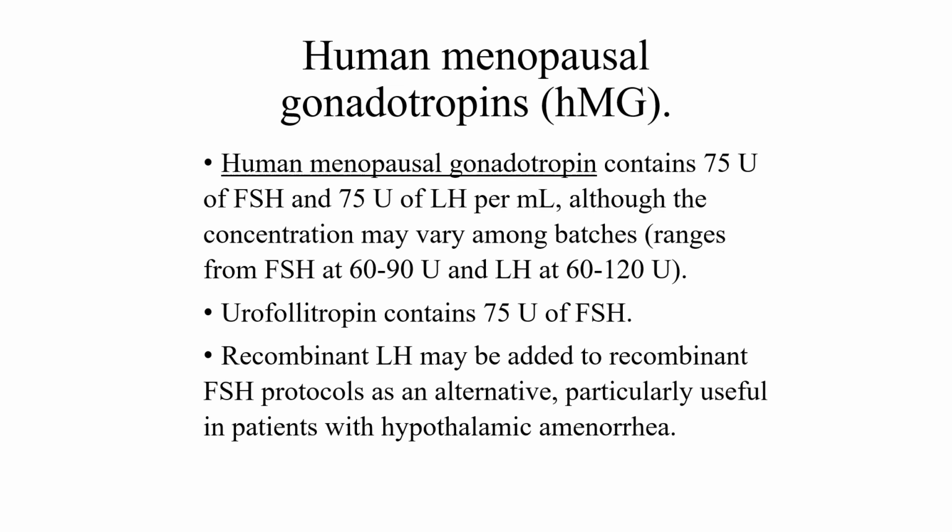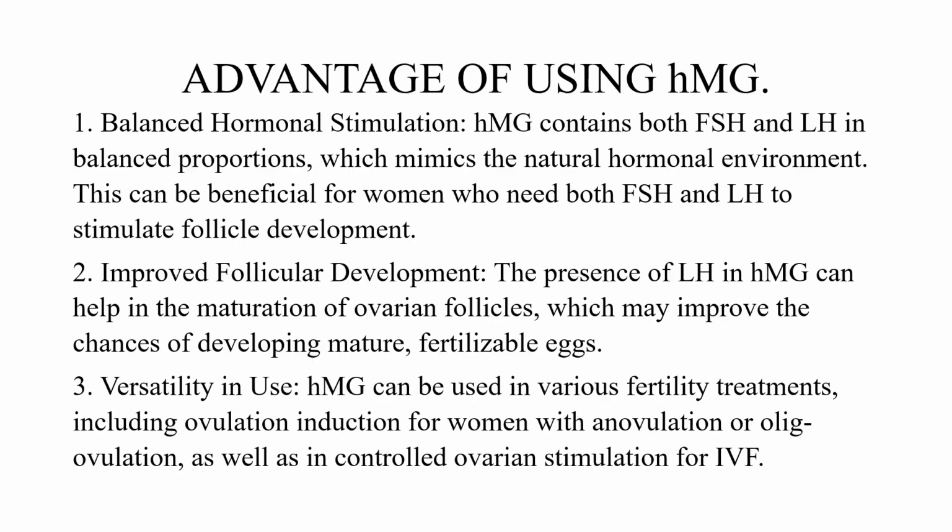Although the concentration may vary among batches, and this range may be between 60 to 90 units for FSH and 60 to 120 units for LH. Urofollitropin contains 75 units of FSH, and recombinant luteinizing hormone may be added to recombinant FSH protocols as an alternative, particularly useful in patients with hypothalamic amenorrhea.